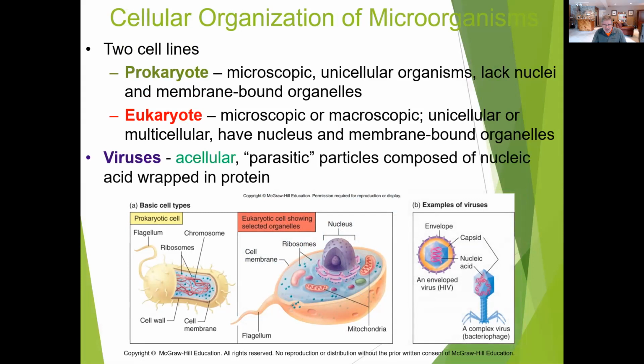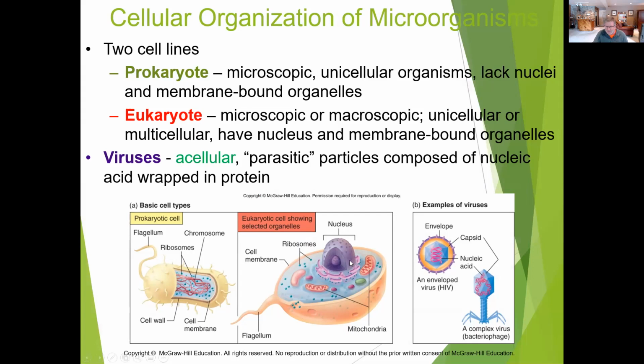Another example of a microbe that I know you've all heard of, and I've alluded to this just in one of the earlier slides, and that is the group of microbes called viruses. Now, what's really interesting about viruses, which we devoted an entire chapter to as well coming up, is the fact that these are acellular. What does that mean? The prefix a means without. So these are not cells.